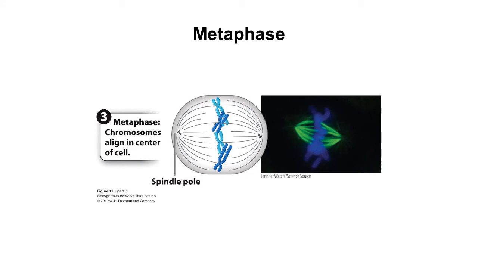So metaphase is one of the most visually distinctive stages of the cell during mitosis, as shown in this image. So you see the beautiful linear array of chromosomes that are stained in blue, and the spindle microtubules in green as they align them together in the middle part of the cell.